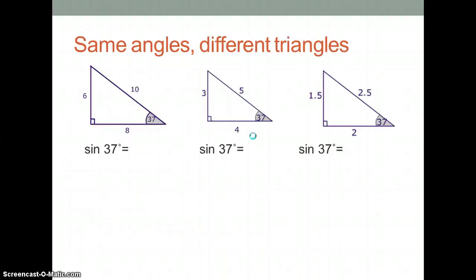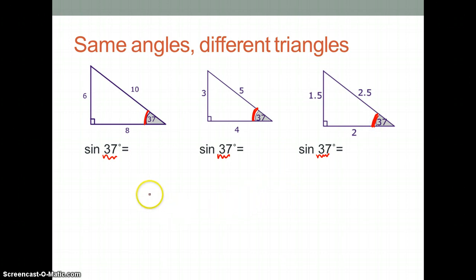The power behind doing this kind of work with trigonometry, and this is why we define these different ratios, is that we can use these ratios on specific angles, not just particular triangles that we create. When we look at these triangles, all of them have this angle that's 37 degrees.